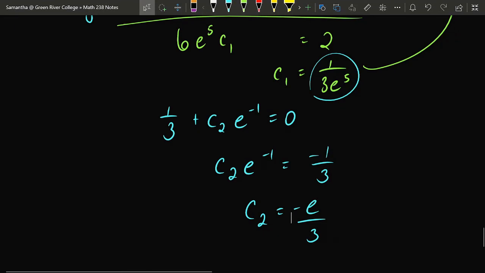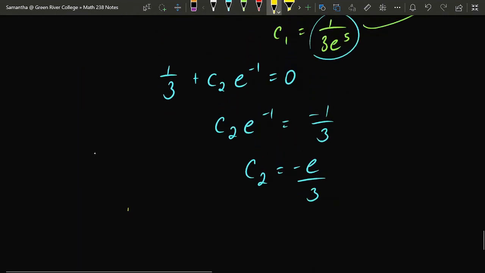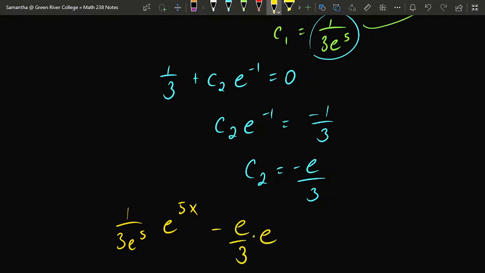So having determined those values of c1 and c2, we can now figure out the exact solution which satisfies our particular initial value problem. c1, which is 1 over 3 e to the 5th power times e to the 5x, and then c2, which is negative e over 3, multiplied by e to the minus x.